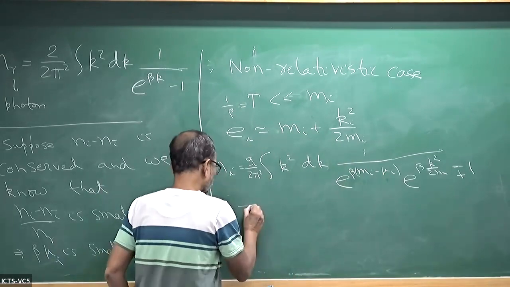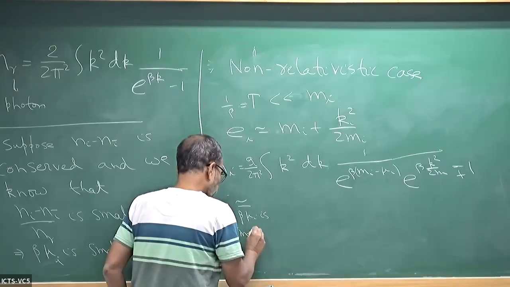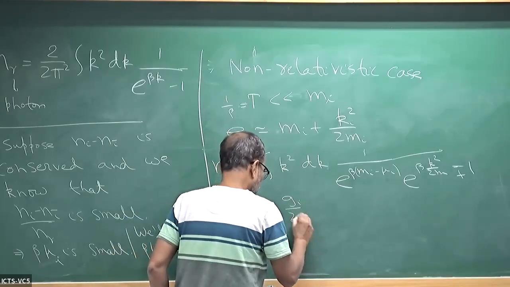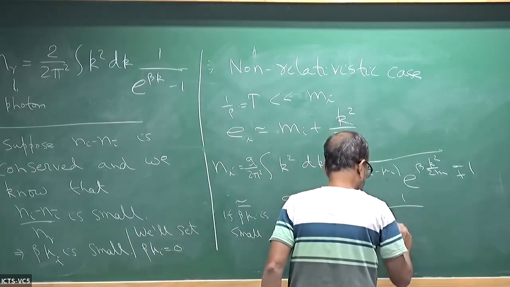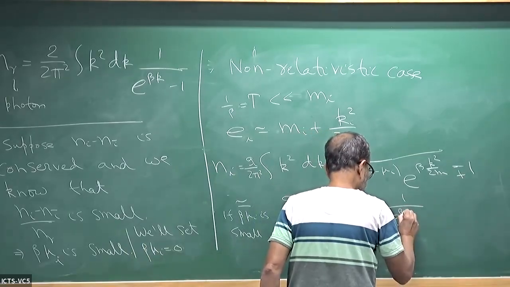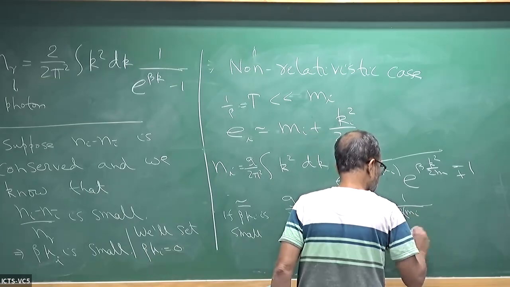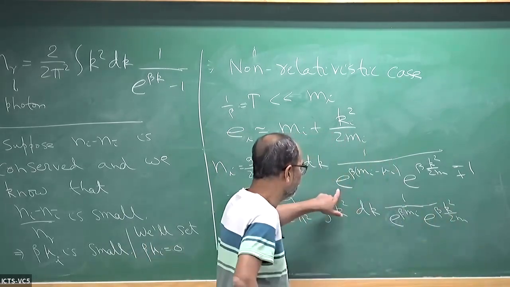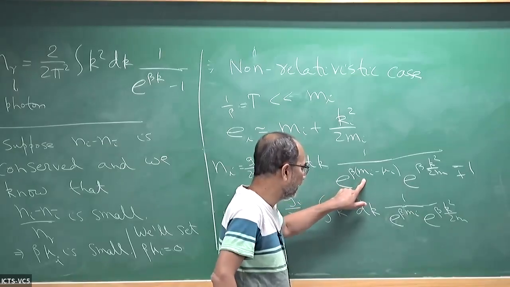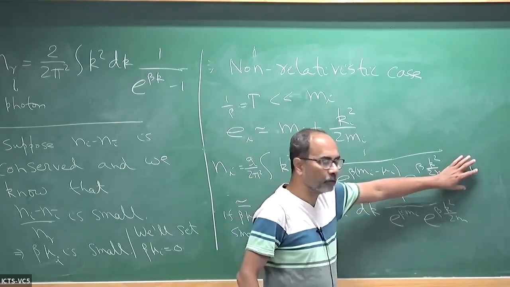Then this can be approximated, if beta mu_i is small, as G_i over 2 pi squared, integral k squared dk, 1 over e to the beta E minus mu plus or minus 1. Because e to the beta M_i is large, this is also larger than 1, so you can ignore the plus or minus 1.